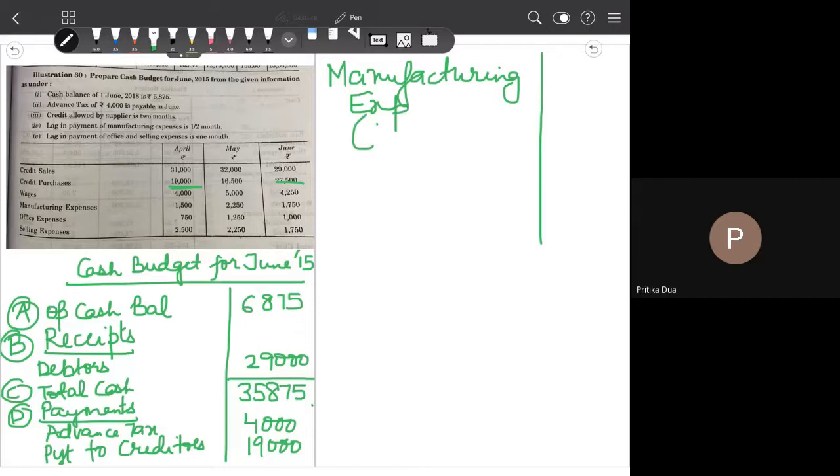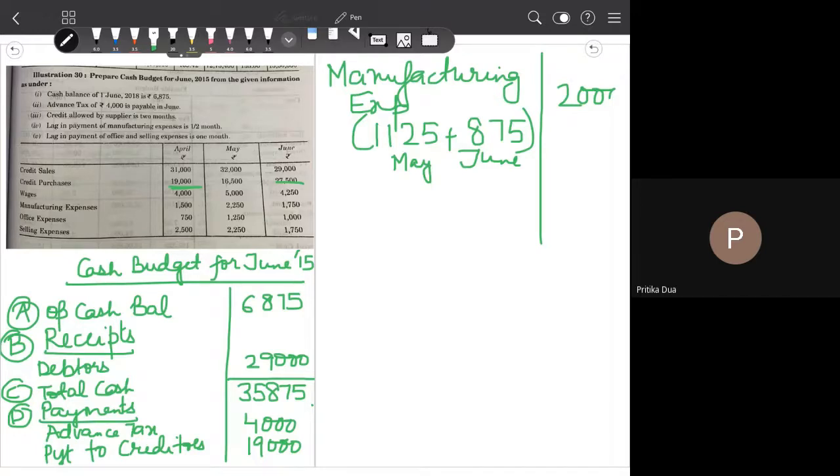So 1125 belonging to the month of May plus 875 belonging to the month of June. Both these expenses will be paid in the month of June, 50% of May and 50% of June. So this makes a total of rupees 2,000 as the payment in the month of June.